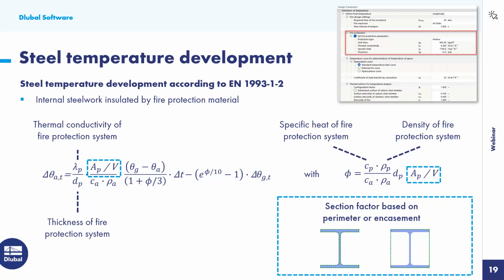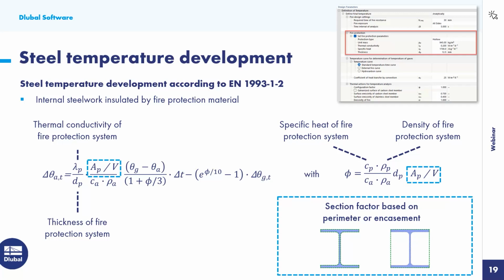And also there's one specialty that we have to take into consideration when calculating the section factor, because it depends on whether I use spray plaster, which is applied on the perimeter of the section, or if I use board, which usually leads to a hollow encasement.